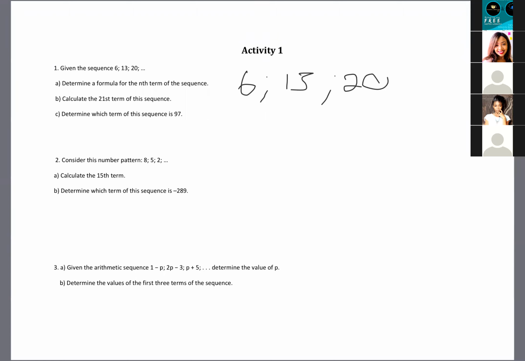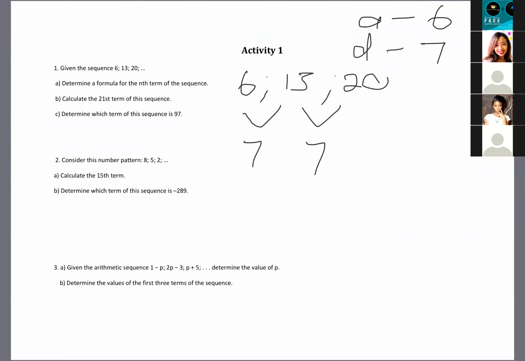The first thing we want to figure out is what's my A and what's my d. Remember I said that my A is my first term, so my A is going to be 6. And my d is my first difference, so I take 13 minus 6, or 20 minus 13, which is 7 and 7. So I know that d is going to be 7.